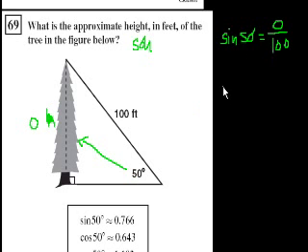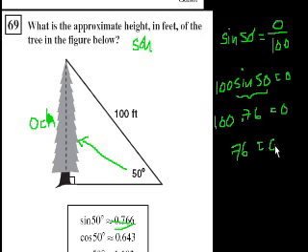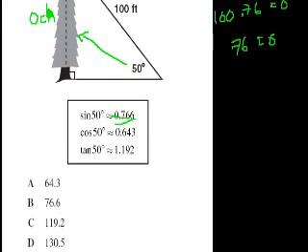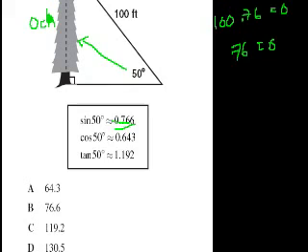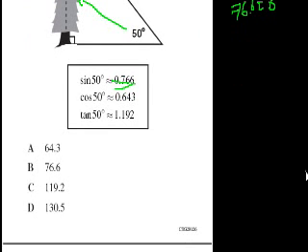Multiply both sides by 100, and you get 100 sine of 50 is equal to the height of the tree. Sine of 50 is 0.76, so 0.76 times 100 is 76 is equal to O. Oh, and they said 0.766, so let's put another 6. That becomes 76.6, and that's choice B.